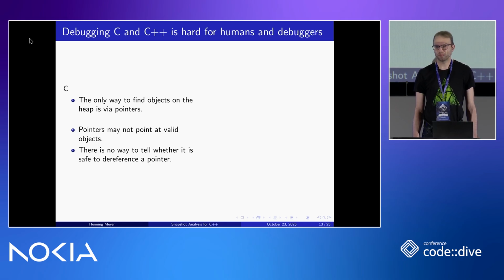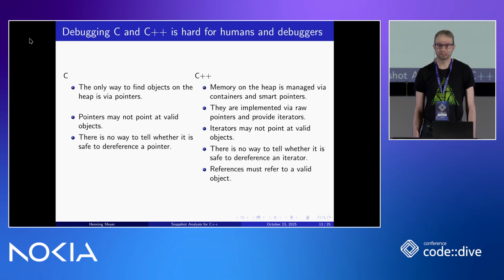But the problem is that pointers don't have to point at a valid object. Pointers are allowed to point at the end of an array. We don't know whether a pointer points at an object or at the end of an object. But pointers are also the only way to find things. So this is very ambiguous and hard to do for an automated program.